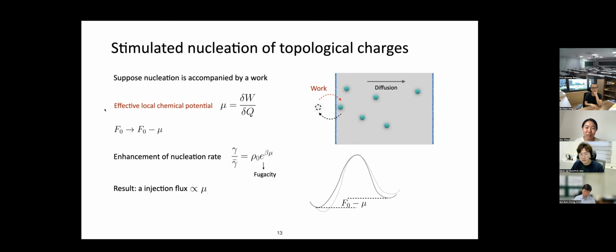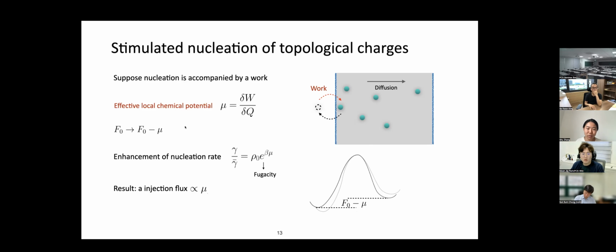Then you can define an effective local chemical potential, which is the work done on the system per topological charge. In this way, we effectively tilt this energy barrier so that the energy needed to excite one topological charge is reduced by this chemical potential.